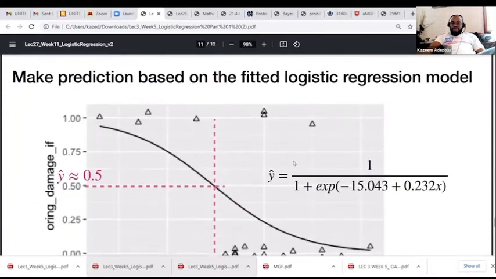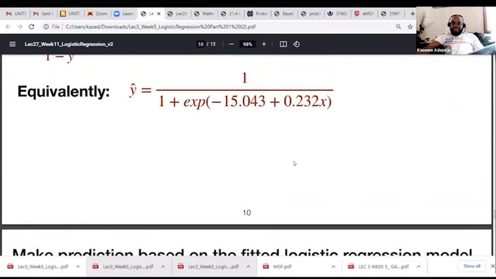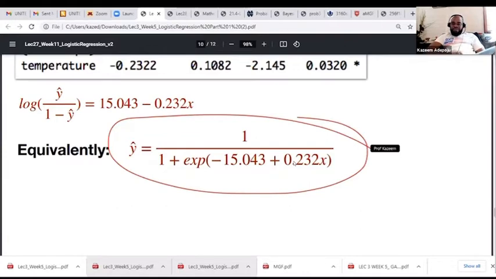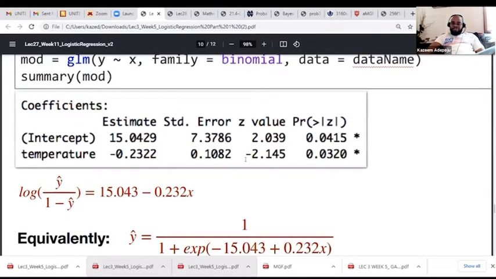How can we now make a prediction based on the fitted logistic regression model? If you really want to make a prediction, I advise that you make use of the probability form of the model, which is this here. Because this is telling us that we can predict the probability that the oil rig will be damaged given the temperature.